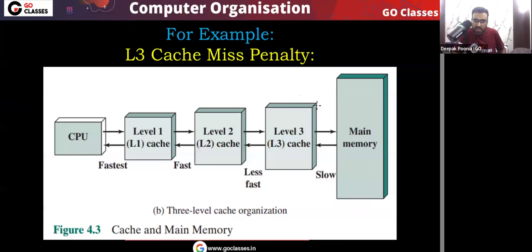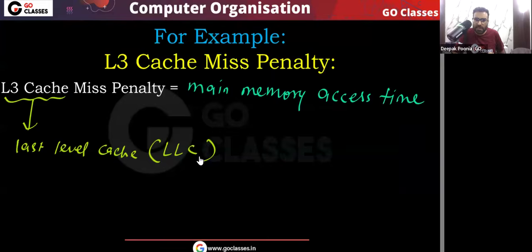Because when there is an L3 miss, then we have to access the main memory. If there is an L3 hit, then we never have to access the main memory. So what is the L3 miss penalty? L3 miss penalty means after the detection of an L3 miss, we have to access the main memory. So L3 cache miss penalty is equal to main memory access time.